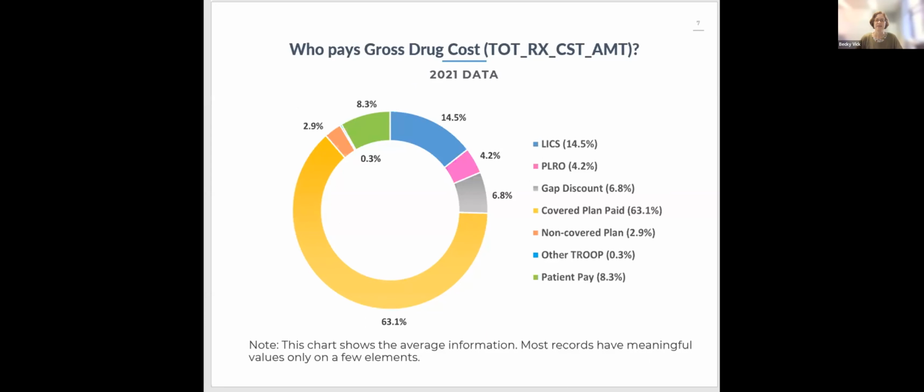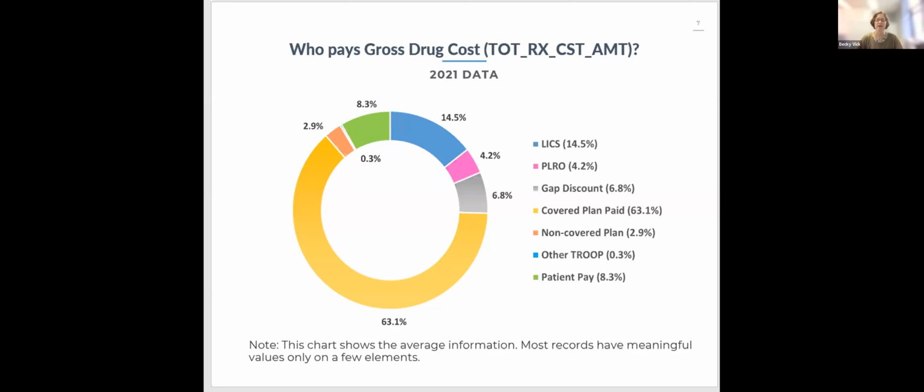This is an aggregated look at the entire 2021 file, broken out into percentages by the different payment streams. You can see there are 7 components. They're listed in the legend on the right. And I'm going to be briefly touching on each of these as we go further along in this segment.